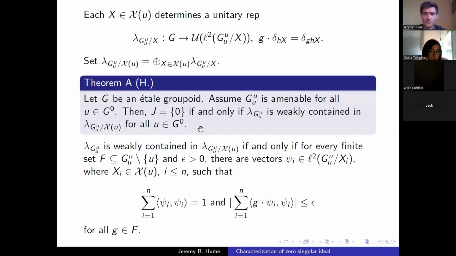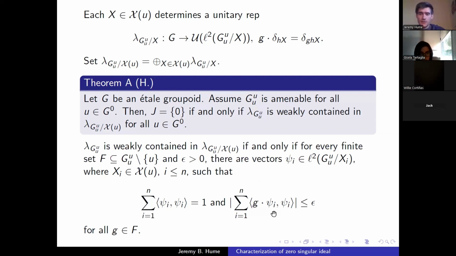And just a reminder what weak containment means. In this case, the left regular representation is weakly contained in this direct sum of representations if and only if for every finite set F that doesn't include the identity element and epsilon greater than 0, there are finitely many vectors psi i in L2 of some of these coset spaces, such that the vectors sum up to 1.